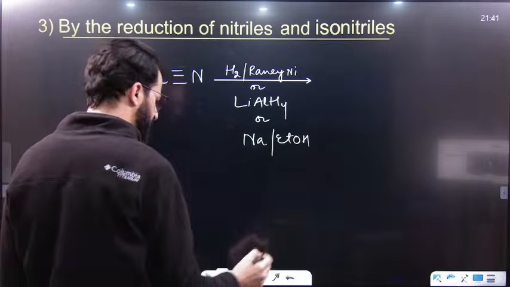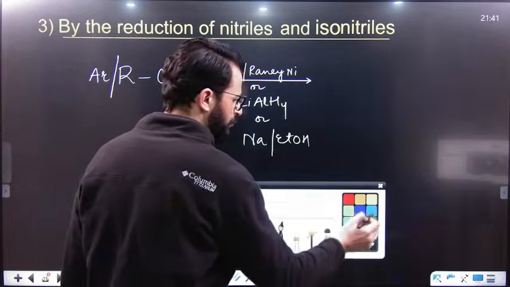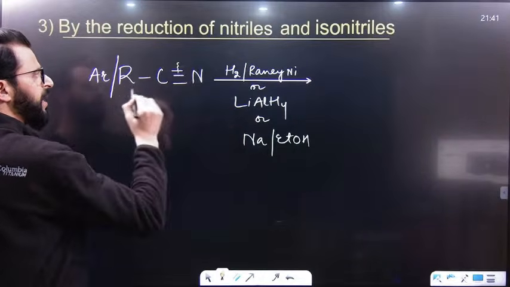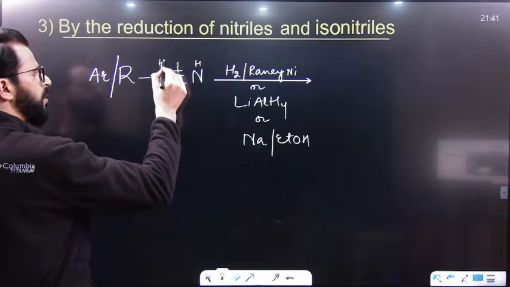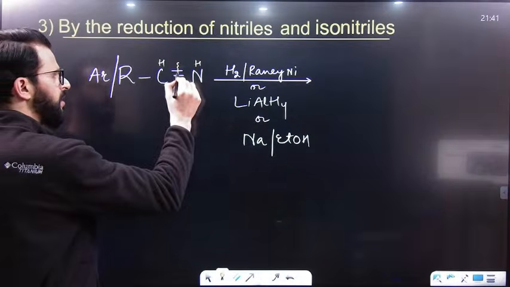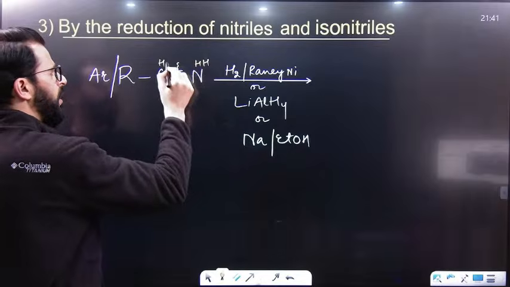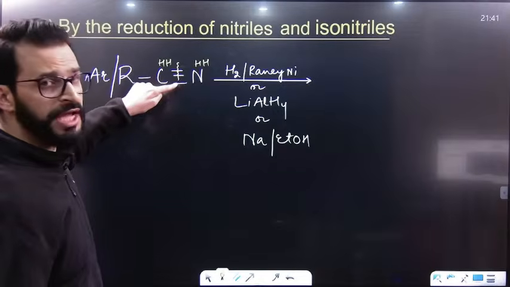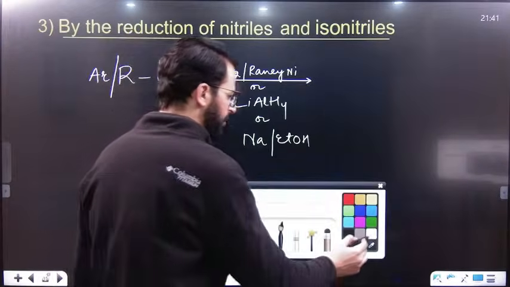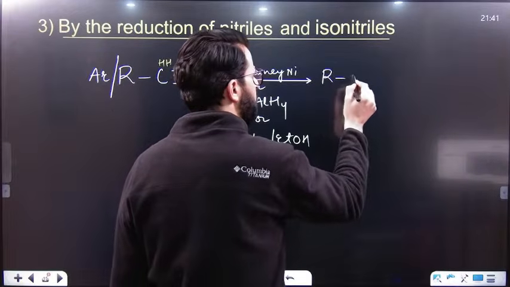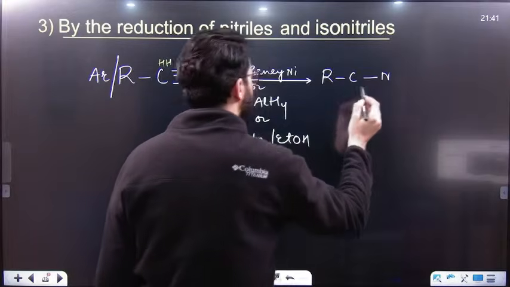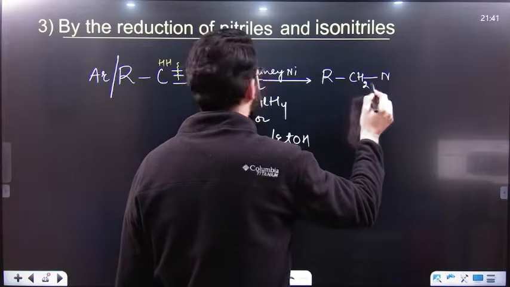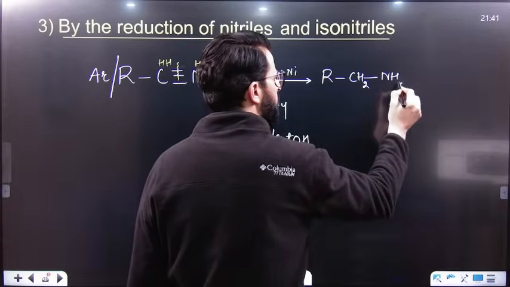So what will happen over here? Have a look. You have to remember this reaction with the help of a simple trick. Break one pi bond, add hydrogen here. After that, break another pi bond, add hydrogen over here and over here. So between carbon and nitrogen there will be a single bond, that means RC single bond N. Now this carbon has two hydrogens, so it forms CH2, and this nitrogen forms NH2.